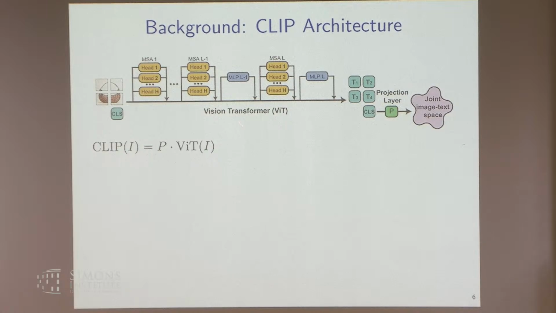And then there's some iterated set of transformations that get done. There's two types of things that happen if we ignore some details, like normalization. There's only two major things. One is called multi-head self-attention, and one is called multi-layer perceptron. So what does multi-head self-attention do? It takes this input, and then there's a bunch of different attention heads.